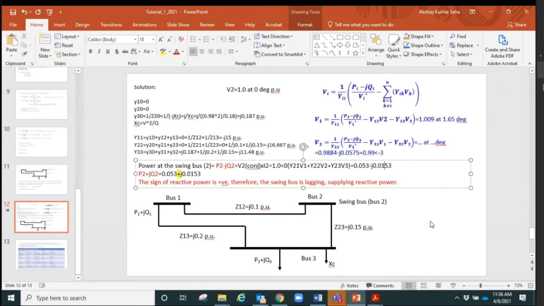So to determine the power that needs to be supplied by the swing bus, at least at the first iteration level, is this. It will change if you do more iterations.